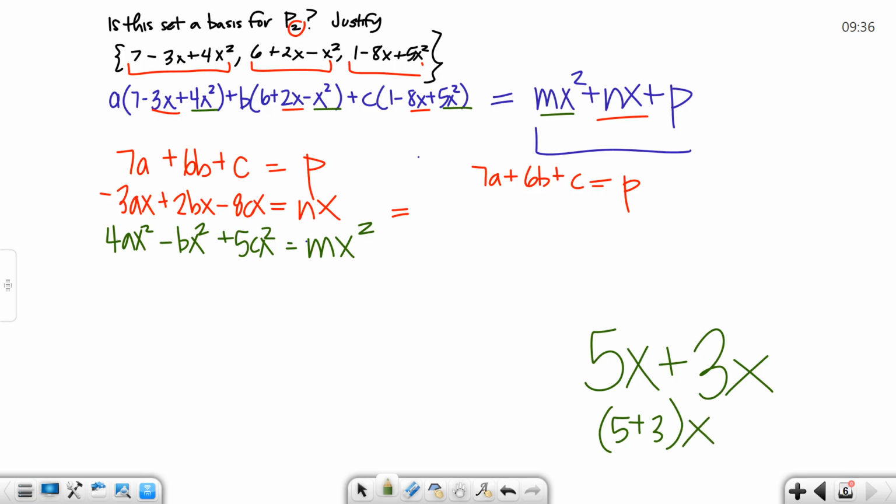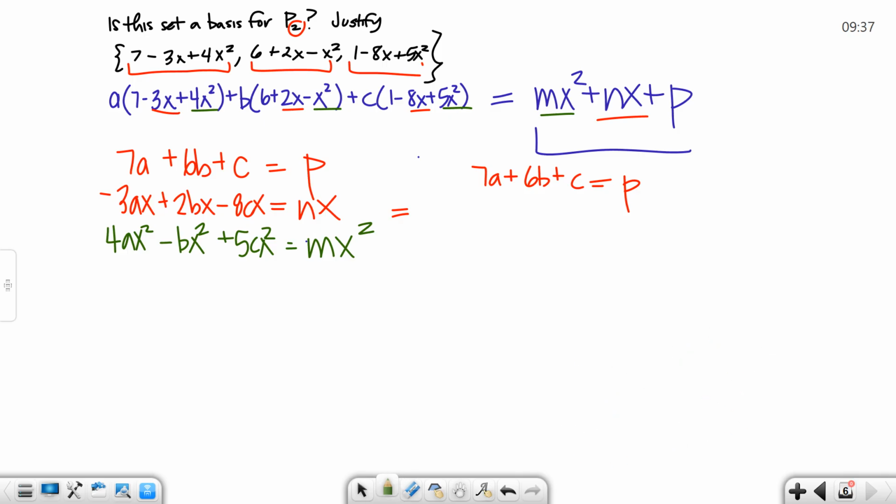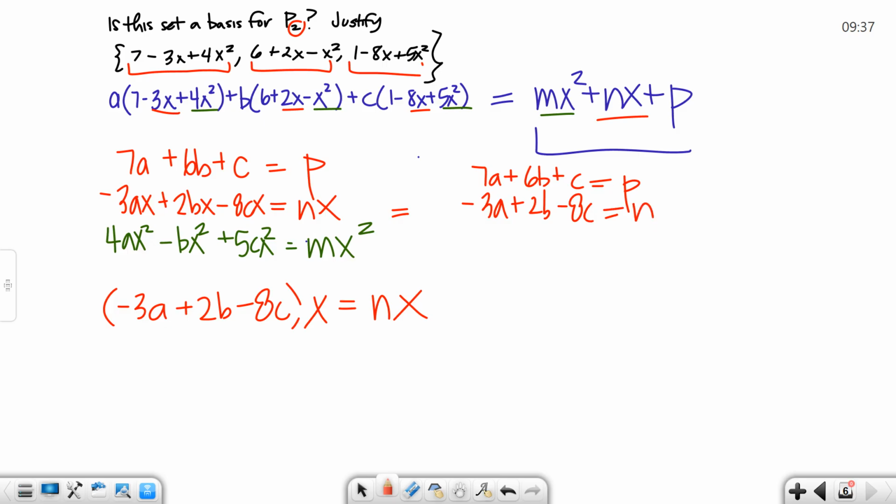So this is the argument that we're using here as well. So if you look on the left side, you're going to get negative 3a plus 2b minus 8c all in front of x would equal nx. Yes, that's what I meant. So we get negative 3a plus 2b minus 8c equals n. And that's our second one.